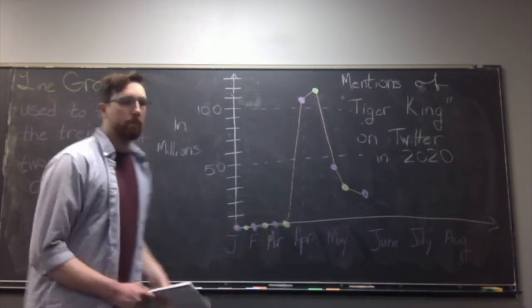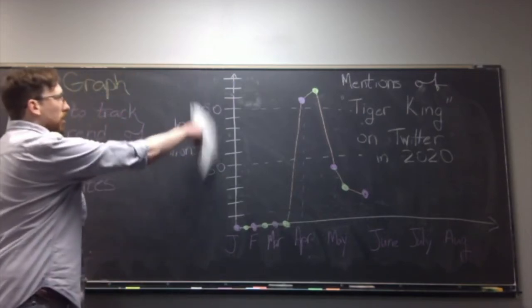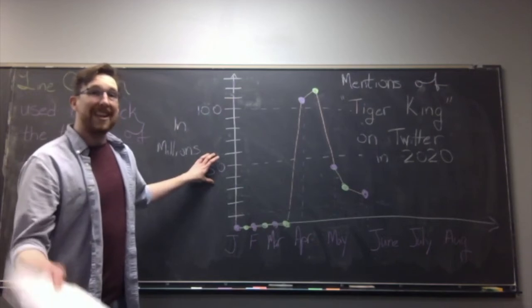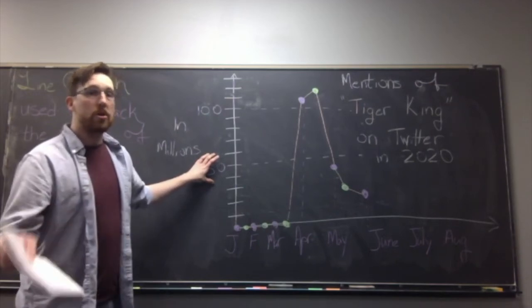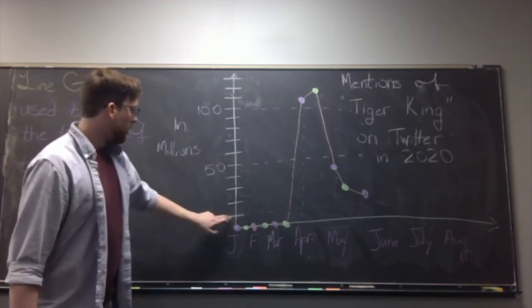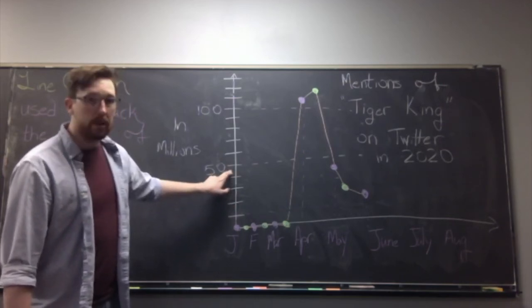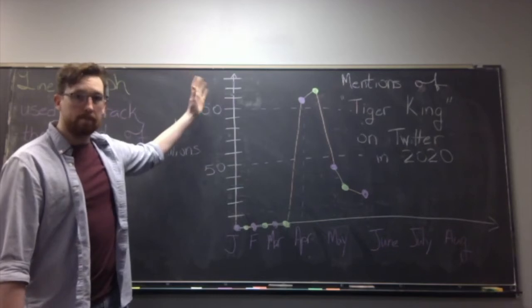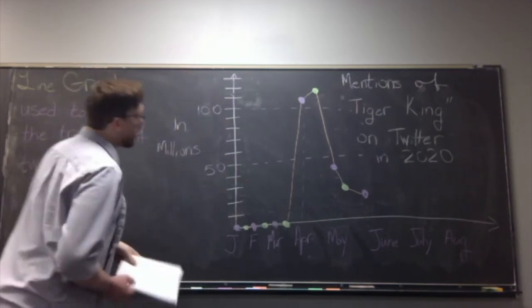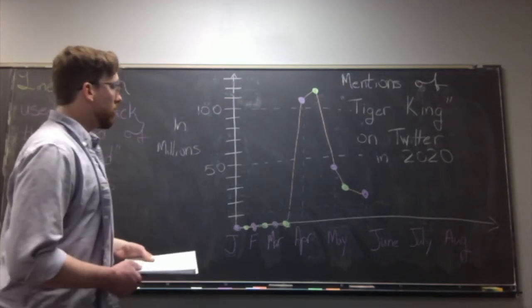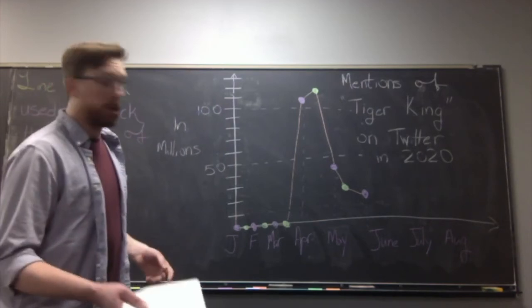All right, cool. Now, in our y-axis, what we have is a measure of the number of mentions and tweets per million. So, for example, this is going to be 10 million, 20, 30, 40, 50 million, so forth and so on.